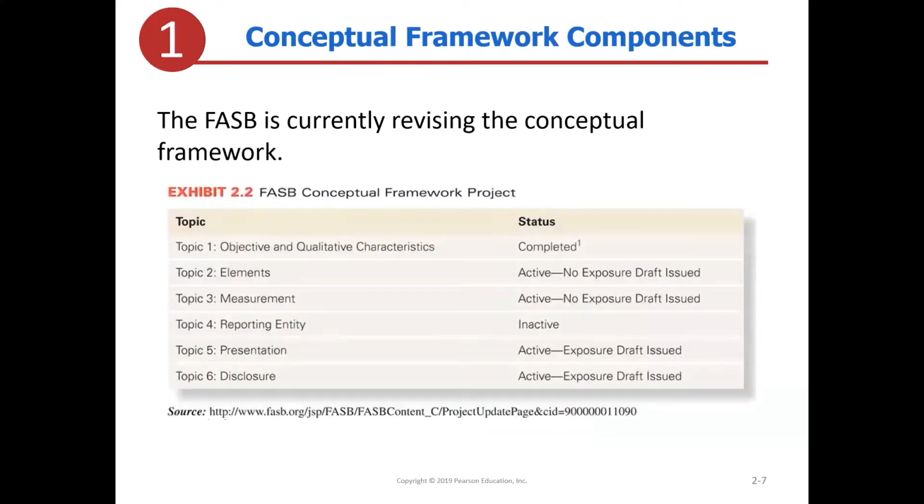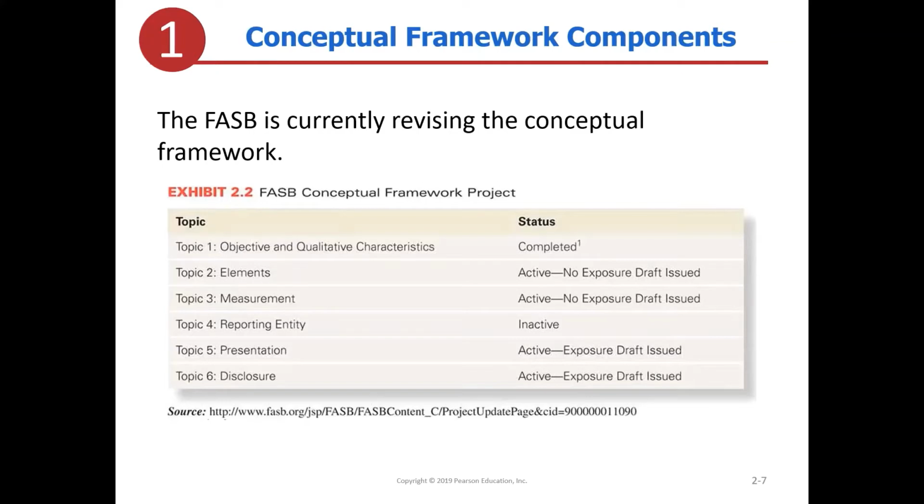The FASB is currently revising the conceptual framework. Here in Exhibit 2.2, it summarizes FASB's 6-topic project initiated to revise its conceptual framework. The first topic on the objective of financial reporting and the qualitative characteristics has been completed.